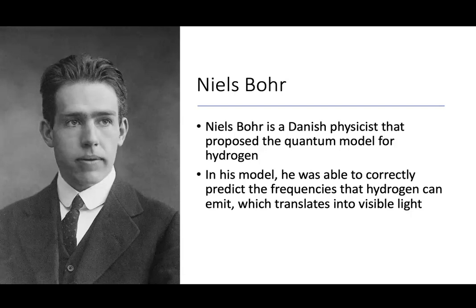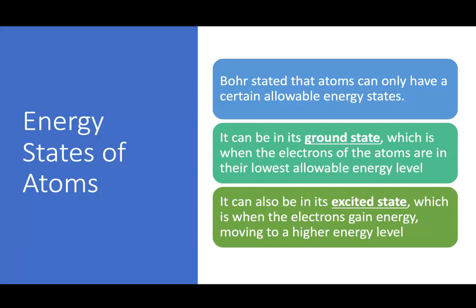As a result, the energy of the atom in its entirety changes with it. Bohr stated that an atom can only absorb a specific amount of energy. The amount of energy it can lose and gain changes the state of the atom.